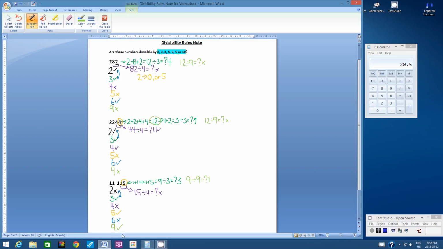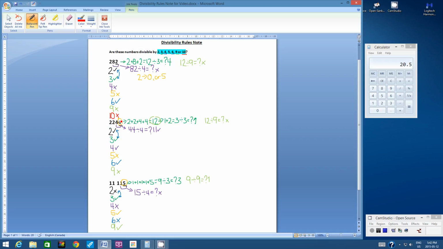Now the last rule. Is the number divisible by 10? I'm sure you know this rule already. The rule is if the ones column has a 0 in it. For 282, the ones column is a 2. There is no 0 in it. So 10 is not a number that divides into 282. Let's look at 2,244.